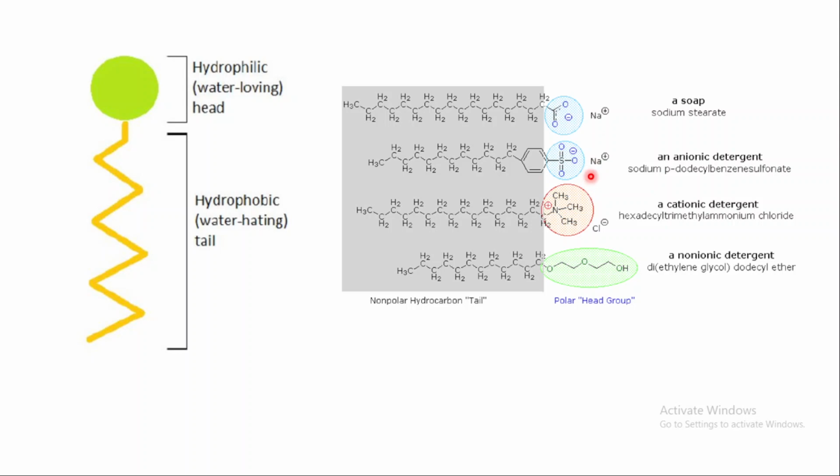So in an anionic detergent, upon dissolving in water, the Na plus will go away and conjugate with water, because water is also a polar group, and water exists as H plus and OH minus ions, right? So OH minus ions will form a shell around Na plus, and H plus ions will conjugate around these negative moieties. Similarly, a cationic detergent, this is the cationic salt that we encountered in the first question, a quaternary ammonium salt, positive charge.